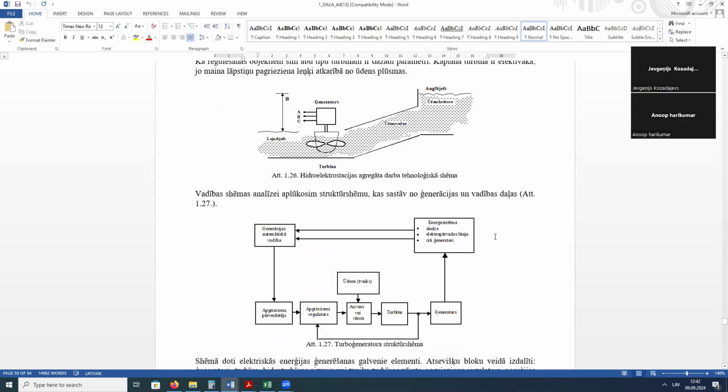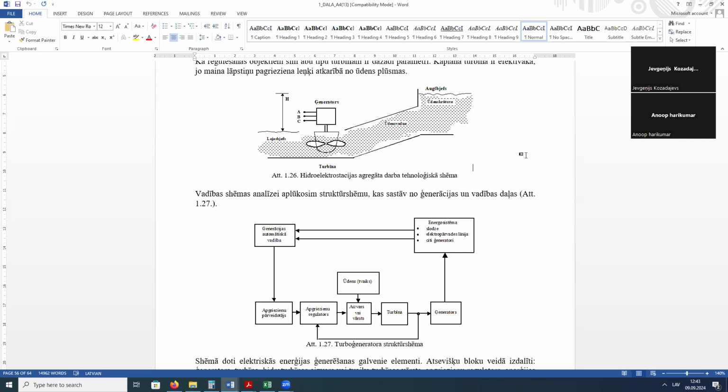Okay, I'll use this material in Latvian, but basically I need pictures to discuss some power system control aspects. First of all, let's simplify the power system to a united generator, some transmission lines, and a load.